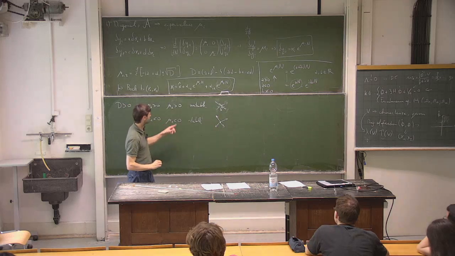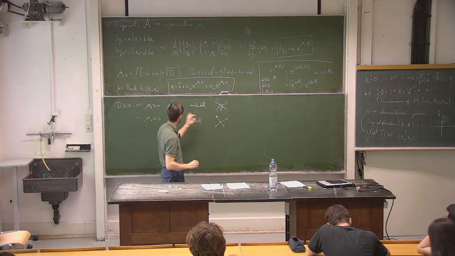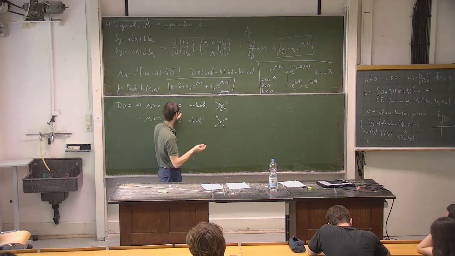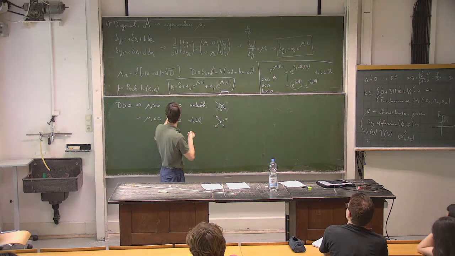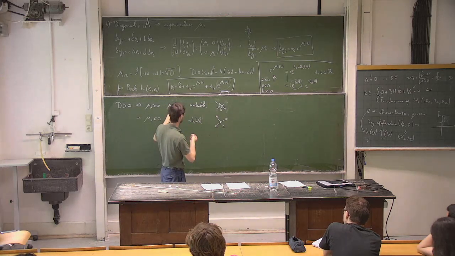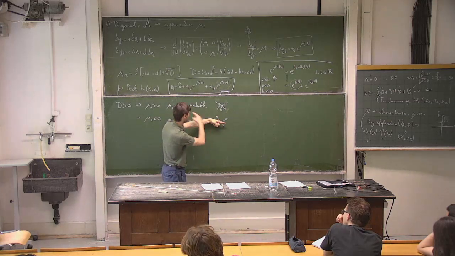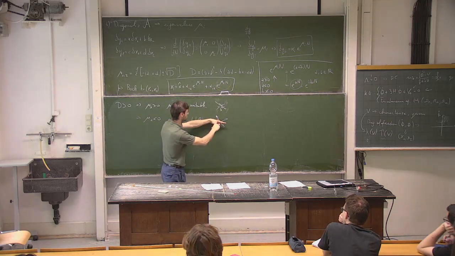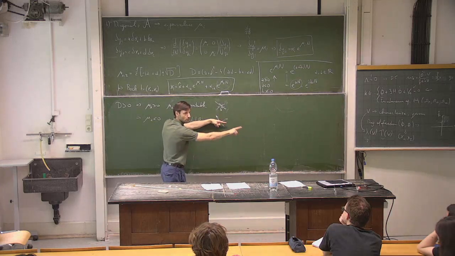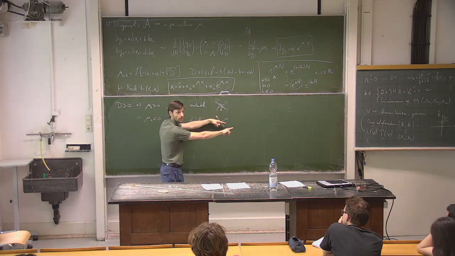And these eigenvalues are associated with the eigenvectors. So if you have an eigenvector with this eigenvalue pointing in this direction, mu tells you the speed at which you go away along that direction. Okay.